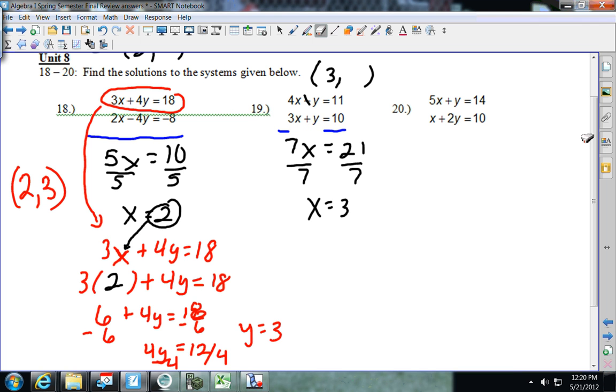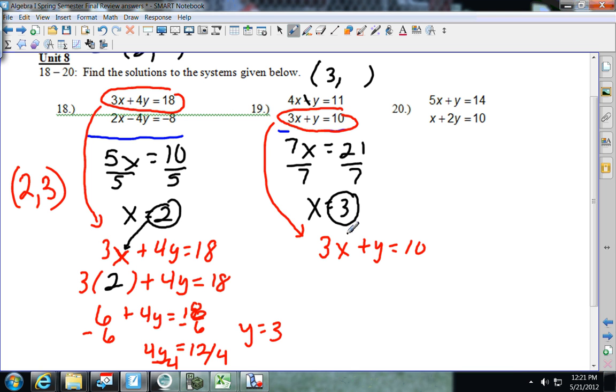Well, that one has all positives. I'm going to take this bottom one. People always ask me, does it matter which one? It does not matter which one you decide to use. You will get the same answer for either one. It says x is 3, so we're going to take this and put it in for the x. Some people get confused because that coefficient right there is 3.